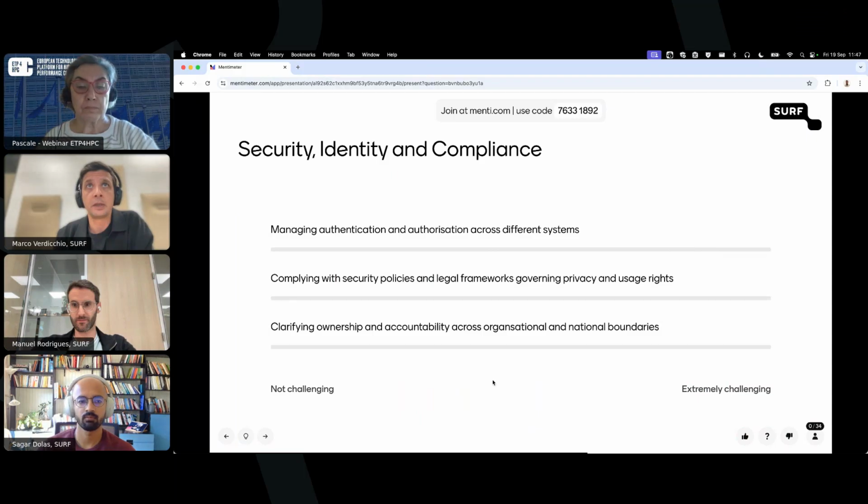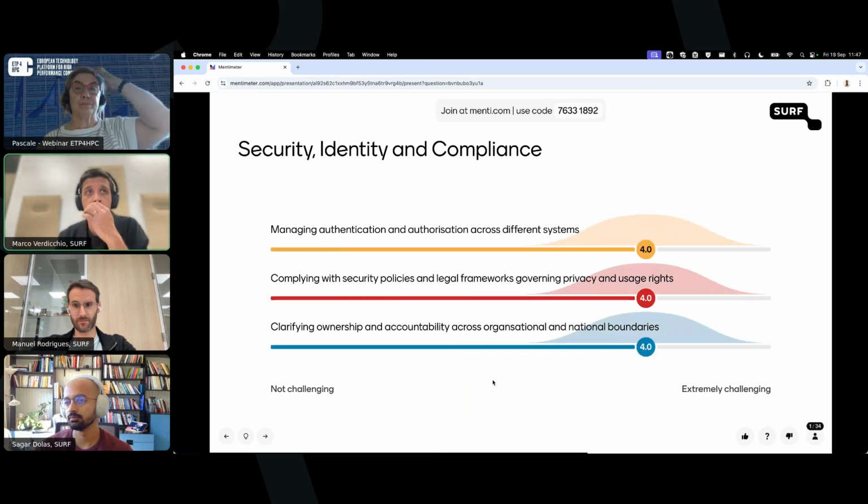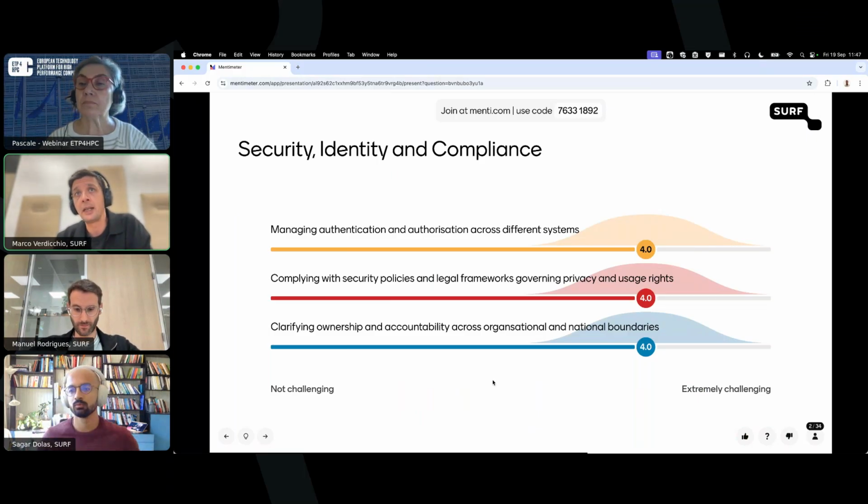another part of the challenges still, security, identity, and compliance. So how challenging is it to manage authentication and authorization across different systems with, of course, different user administration. How difficult is it to comply with policies and legal frameworks.